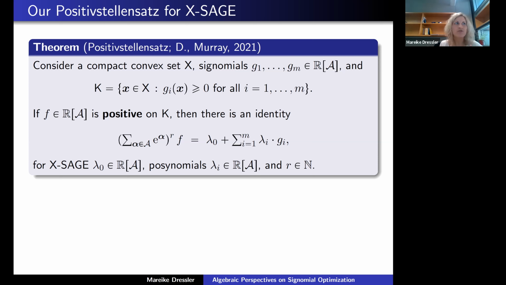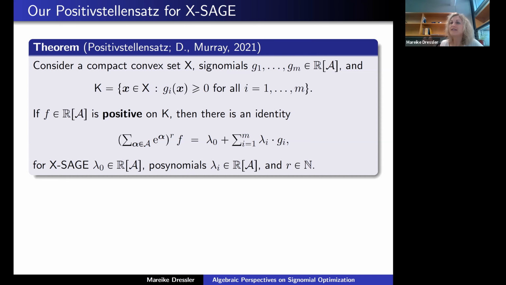A Positivstellensatz is a specific representation theorem that tells you if a signomial is positive on a certain set, then I have a specific algebraic way to describe this positive signomial.